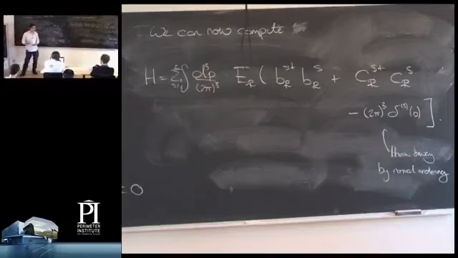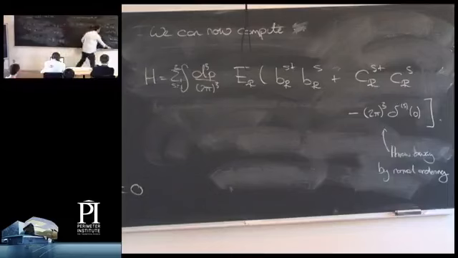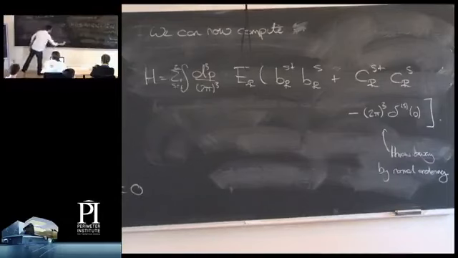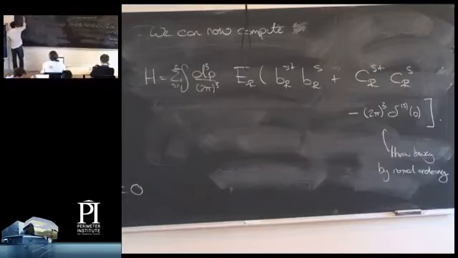No? Let me just illustrate more explicitly why this means that we're quantizing them as fermions. It's fairly straightforward, but it's important to do it. So we can introduce the usual kind of Fock space.